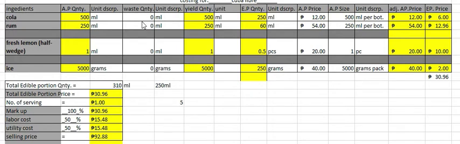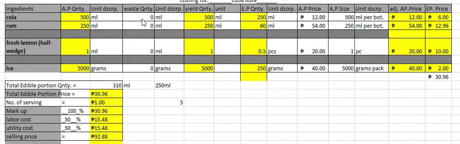Again, waste refers to those unused parts of the ingredients which are included when you purchase. For example, the skin of your vegetables, or the bones of a whole chicken, which are not used during your process.